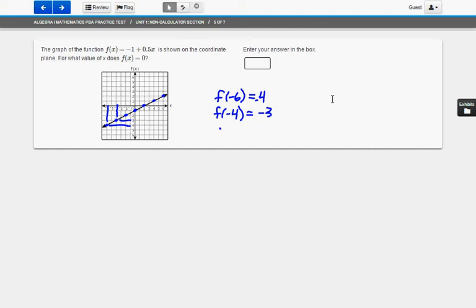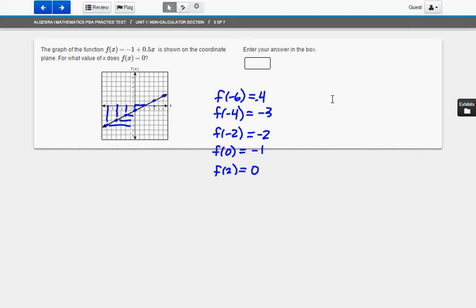I can see that f of -2 is equal to 2. I can see that f of 0 is equal to -1. And I can see that f of 2 is equal to 0.